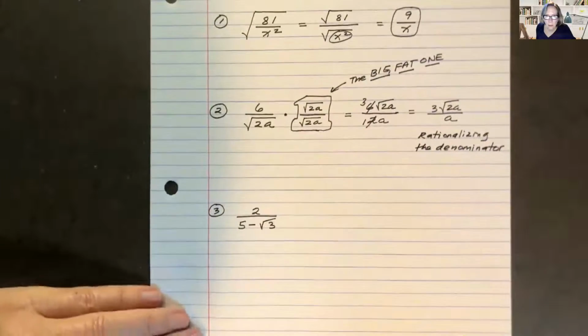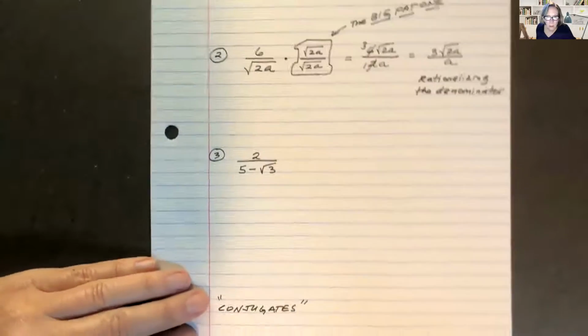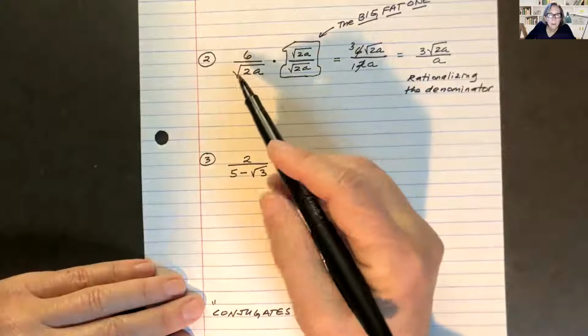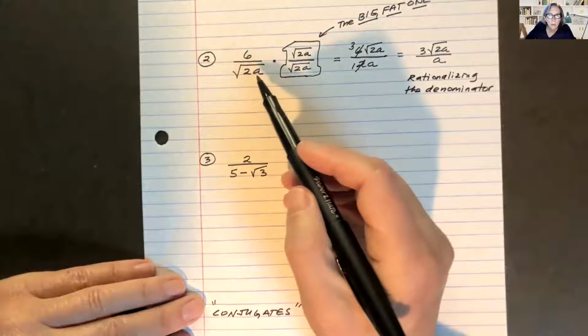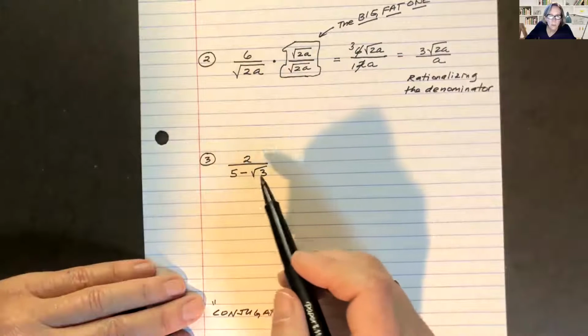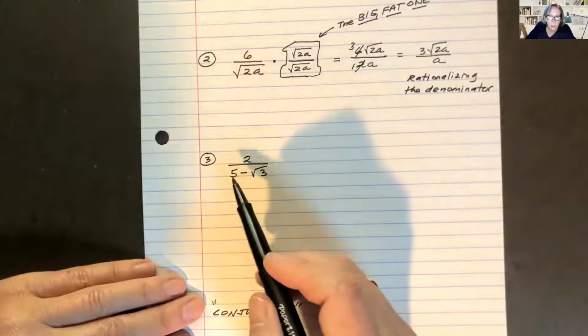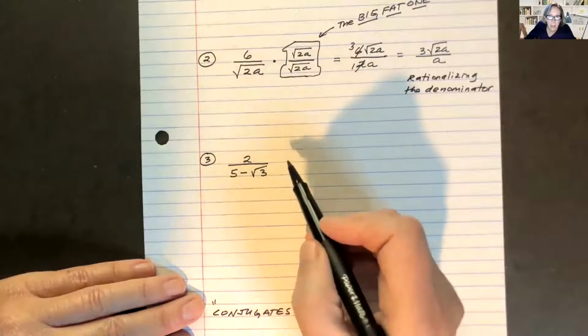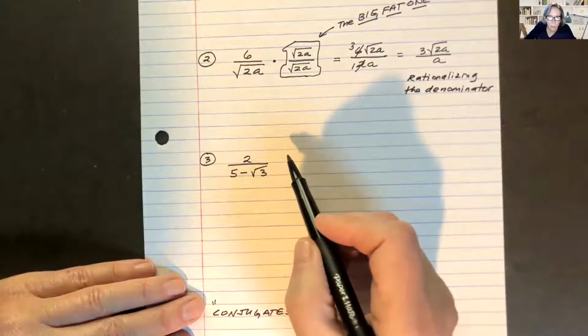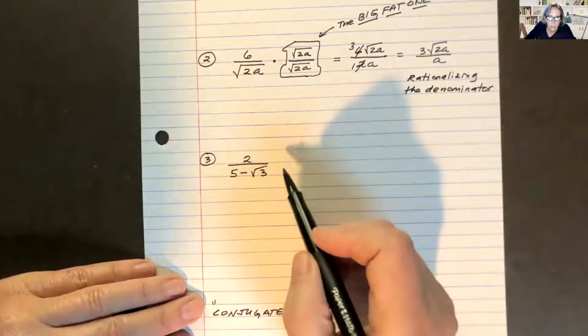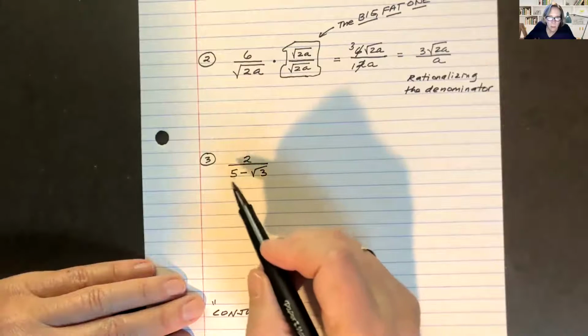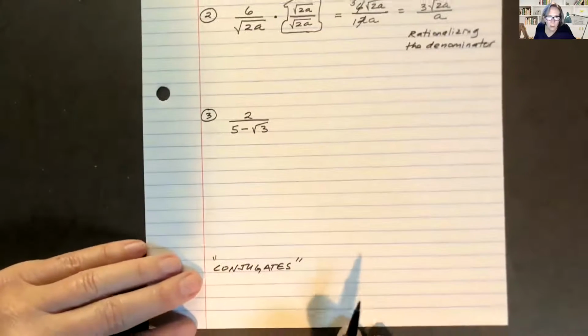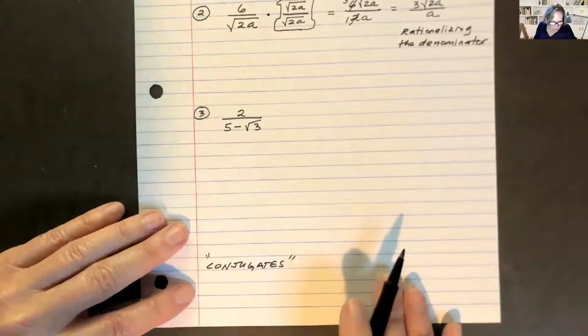Okay, then the last one is different than this one, because in this one the whole term is under the radical. In this, it's part of an expression. It's a binomial. It's got a plus or minus in it. So 5 minus the square root of 3. I cannot just multiply this by a big fat 1 in the form of root 3 over root 3. That won't work because of this 5. So I want to teach you what conjugates are.